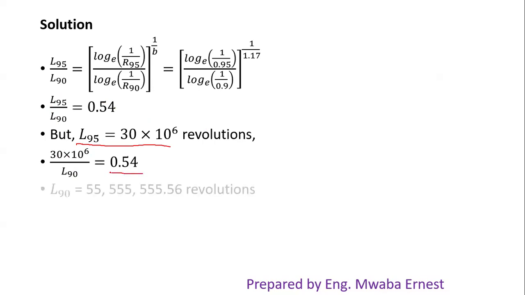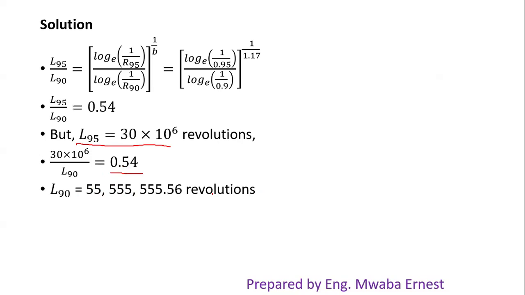Then making L90 the subject of the formula, basically it's like I end up dividing this into there. So what I have is 555.56 million revolutions. That is the life expectancy, the life of this bearing at 90% reliability.